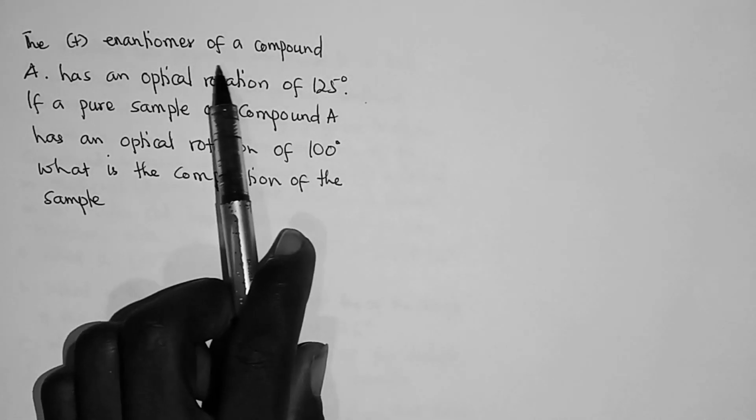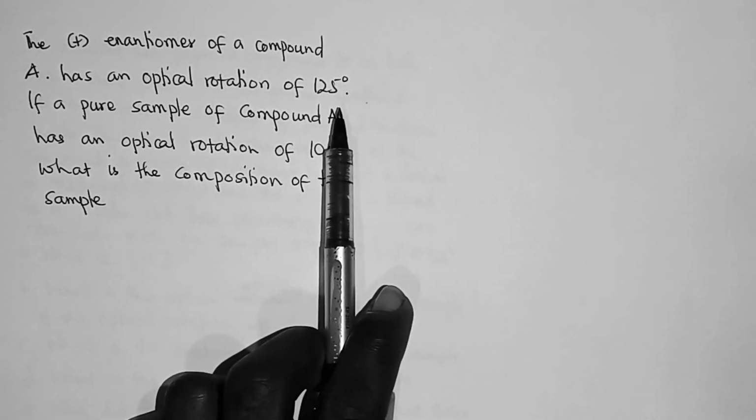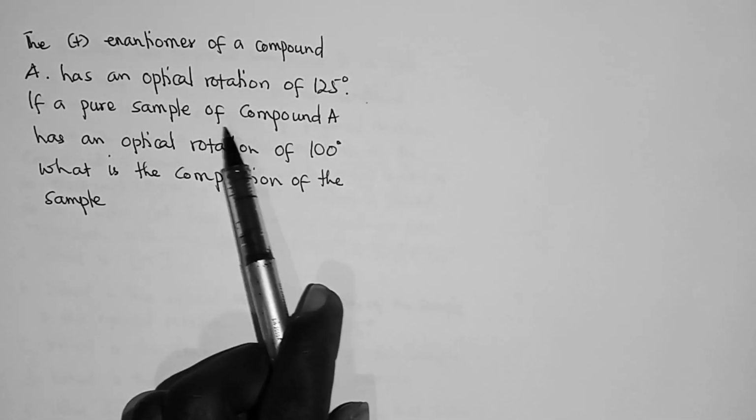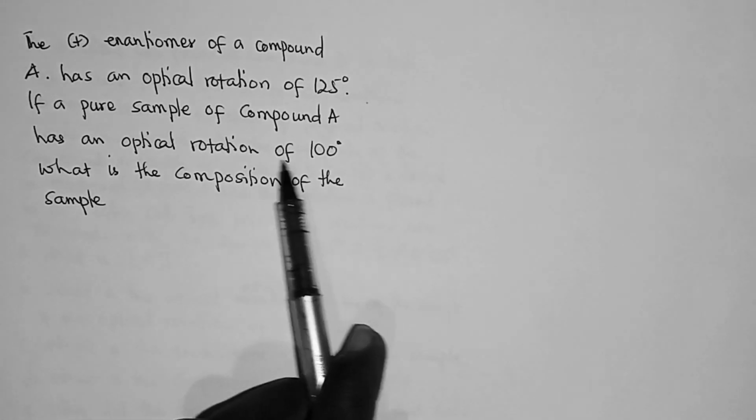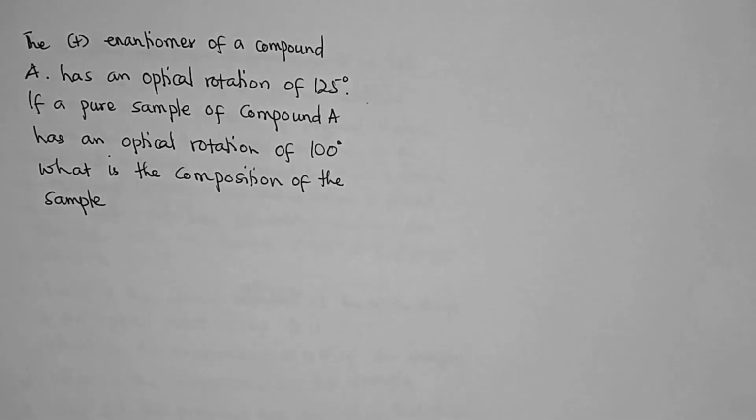The plus enantiomer of a compound A has an optical rotation of 125 degrees, if a pure sample of compound A has an optical rotation of 100 degrees, what is the composition of the sample?